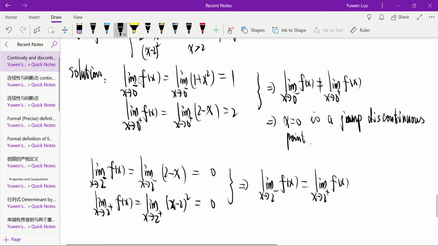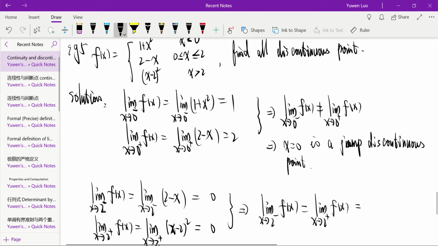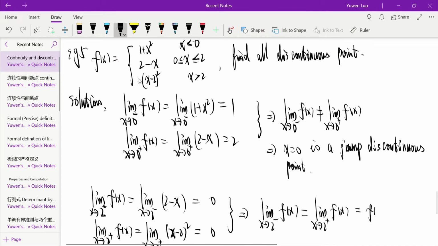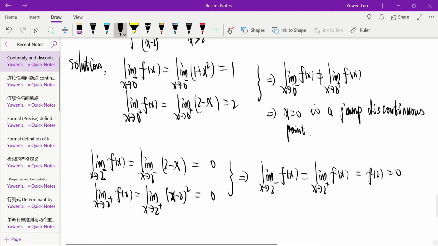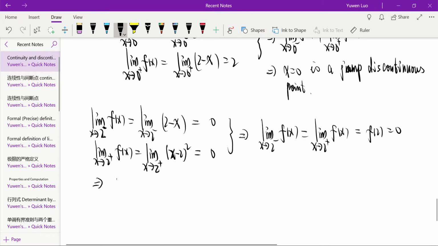And f(x) is defined at this point, f(2) equals 0. So the function f(x) is continuous at x equals 2.